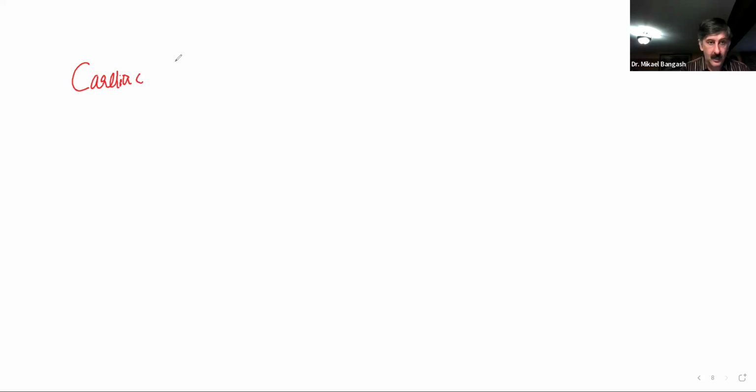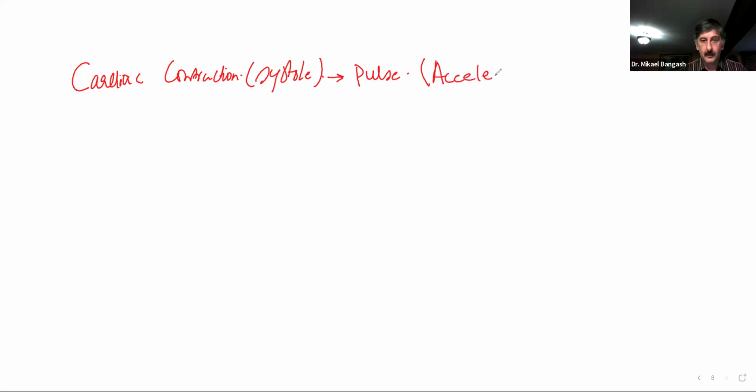So we say cardiac contraction, which we call systole, and that leads to the pulse. During this pulse, we can say that there will be acceleration of blood.